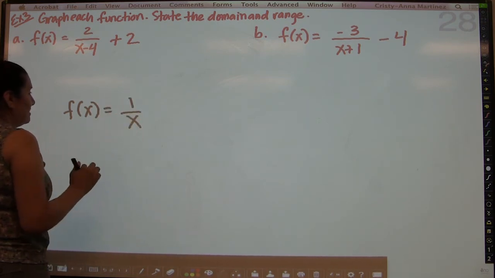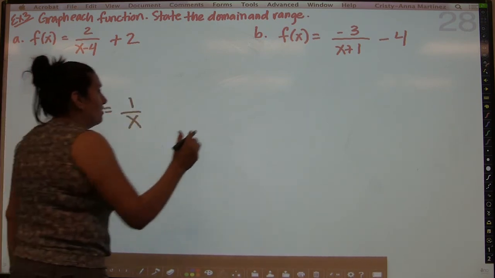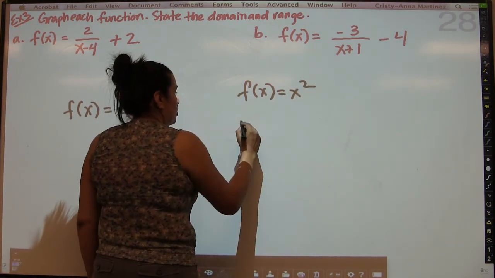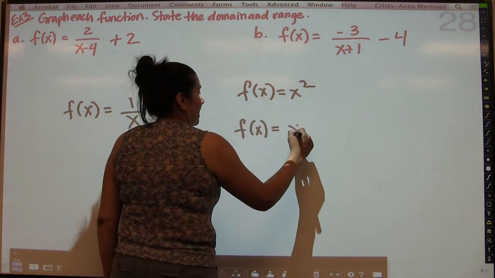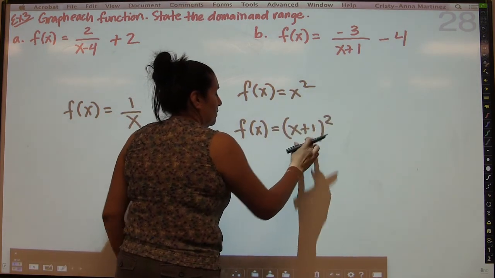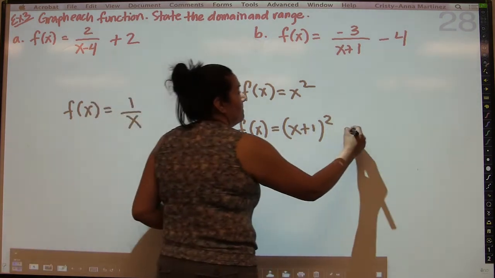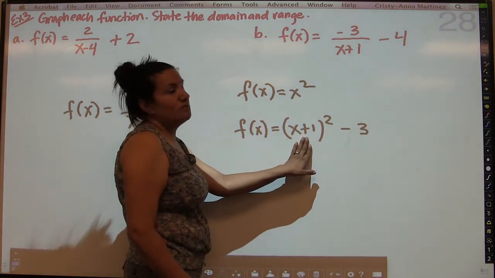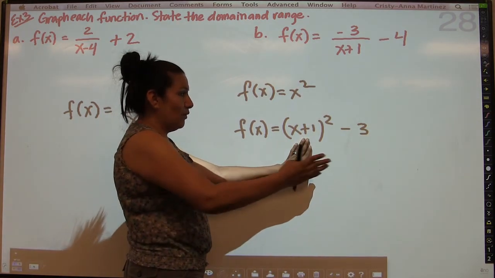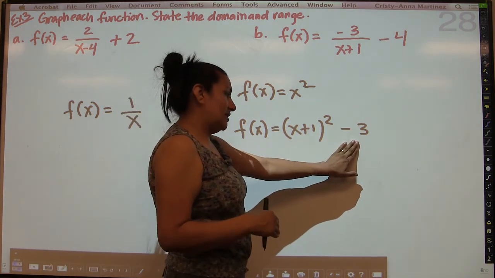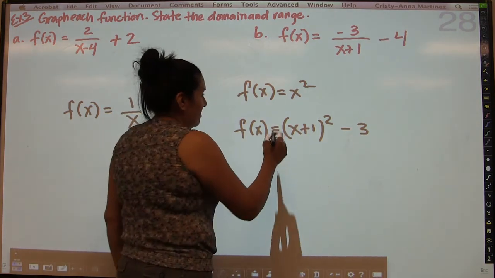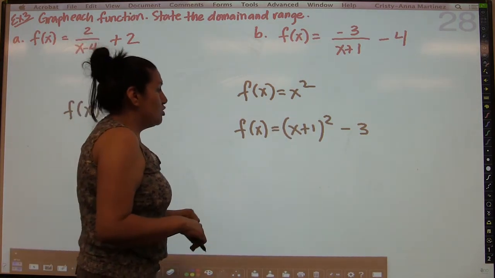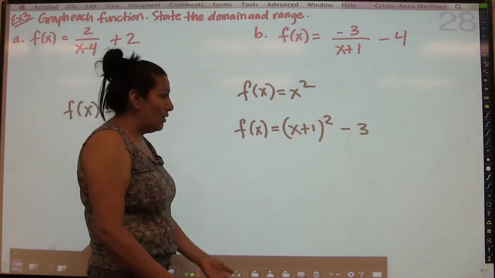So when I say inside of grouping symbols, this is the equivalent to when you had x squared, and then you had f of x equals x plus 1 squared. So the plus 1 was inside the grouping symbols, and the minus 3, for example, could be outside the grouping symbols. The one inside the grouping symbols dictated whether it was shifting left or right, and the outside number dictated whether it was going up or down. Sometimes you could have a number in front, which would either stretch it vertically or compress it vertically. And if it was negative, it would be upside down, and so on and so forth.